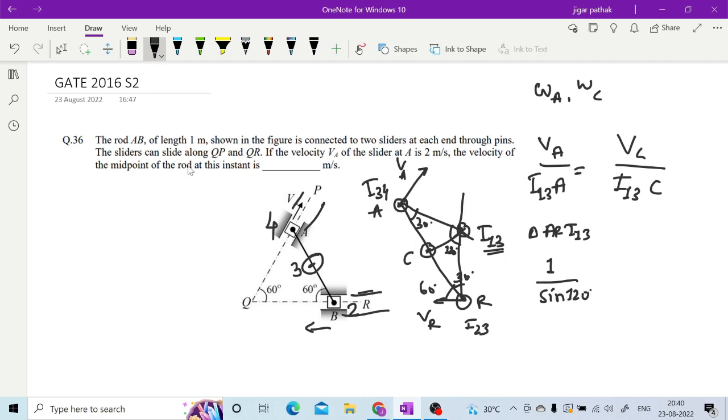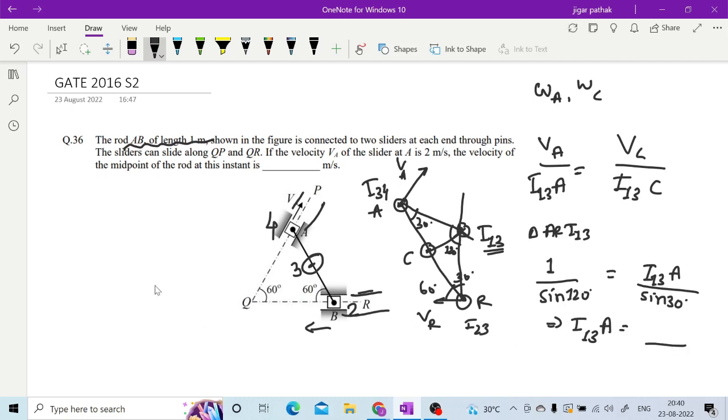Link length AB is given as 1 meter. So 1 upon sine 120, this length and opposite angle, similarly I13A upon sine 30. This will give you the dimension of I13A.